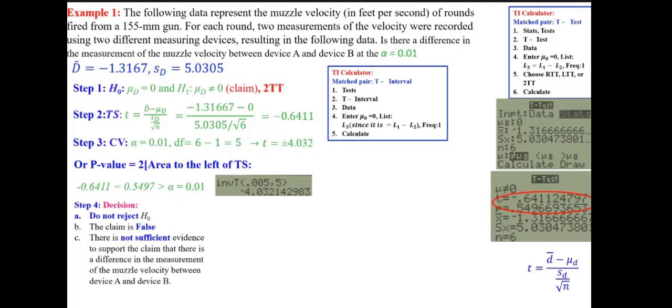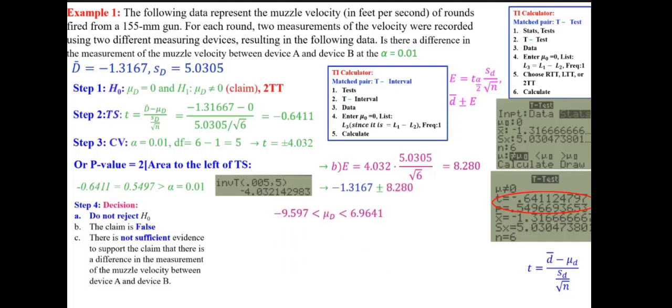We plug in the values and calculate E. D bar is negative 1.3167 plus or minus that value, which gives the interval for mu, calculated by hand, or you can put it into a TI calculator, resulting in the same value as you can see here. Zero is contained in the interval. The decision is to not reject the null hypothesis.